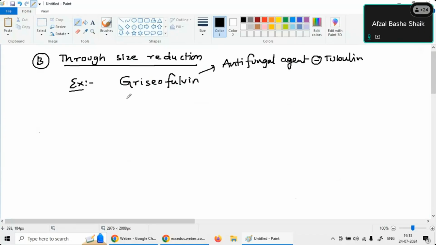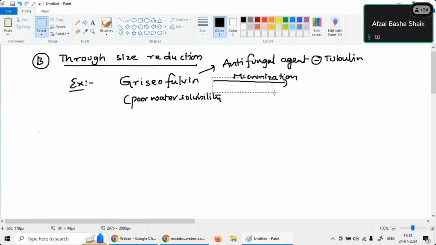The griseofulvin has poor water solubility. So this is subjected to micronization. Micronization is a process where we will decrease the size.